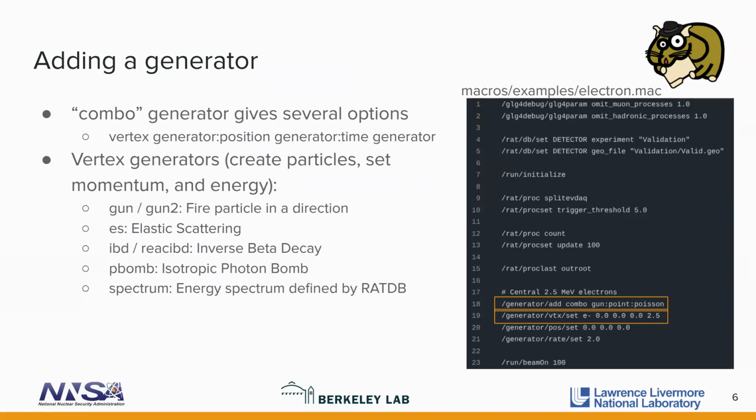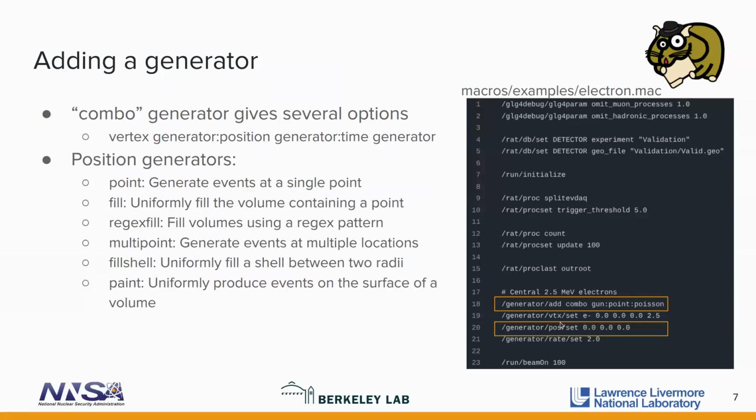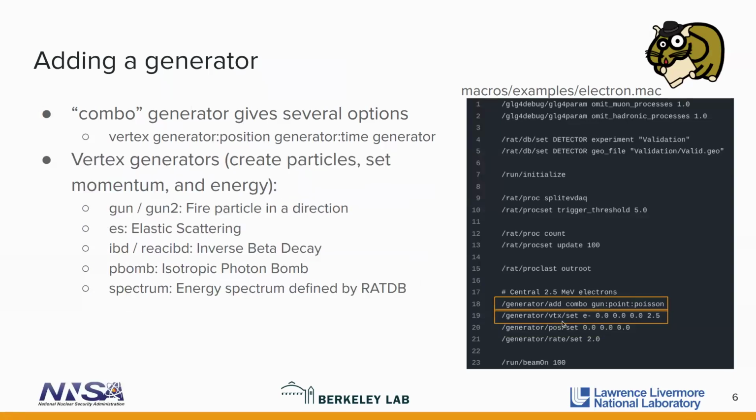And you can define an energy spectrum in RatDB as well to produce particles in the detector. And so in this first example, we're using the gun generator, which just fires an electron here.